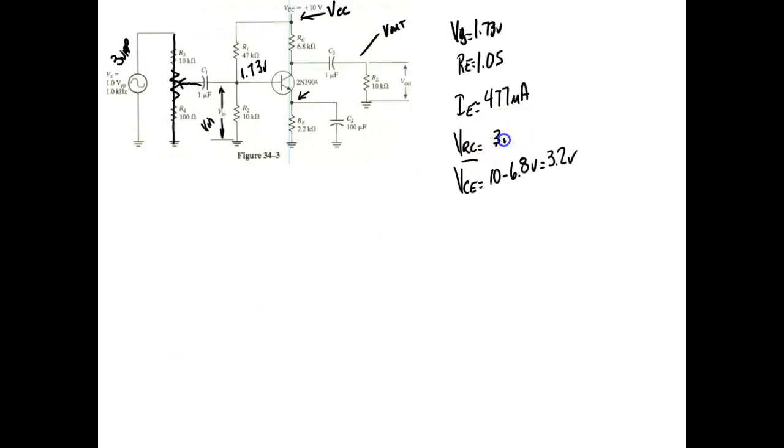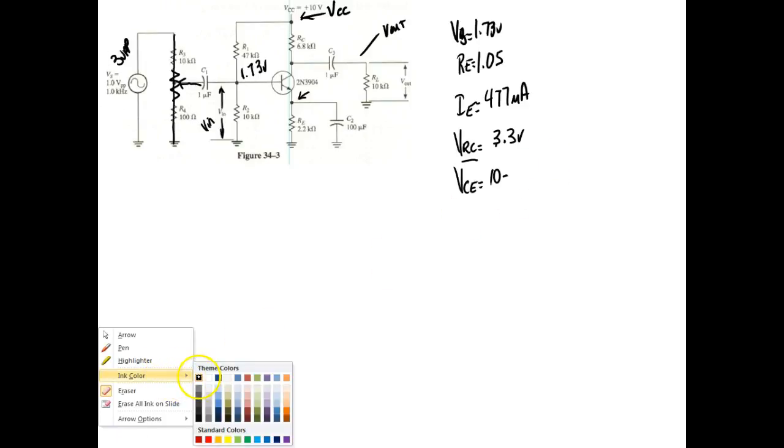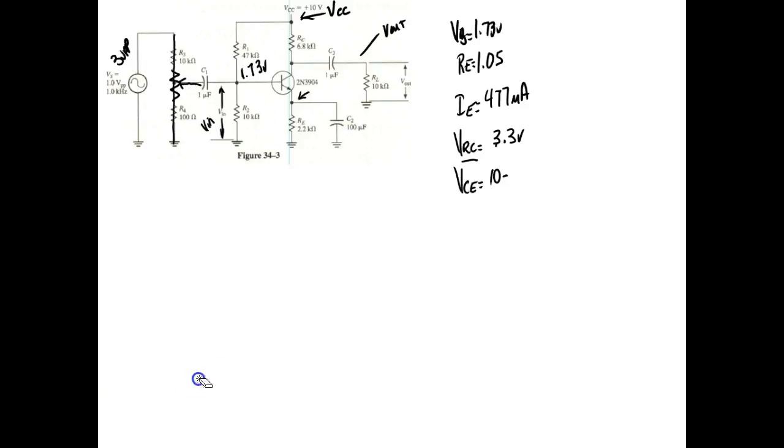I calculated about 3.3 volts. So VC is going to be equal to 10 volts minus 3.3 volts, which gives us, what? A 5.7 or whatever we got last time. Are we okay? So I don't know where the 6.8 came from.